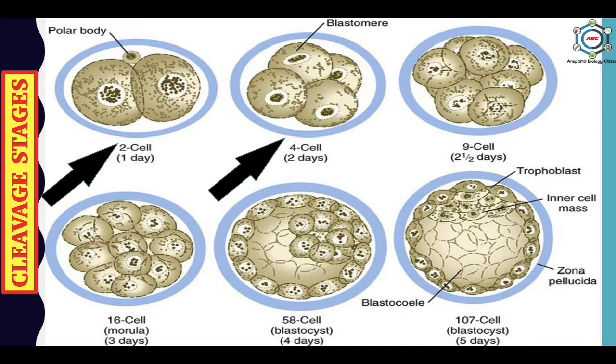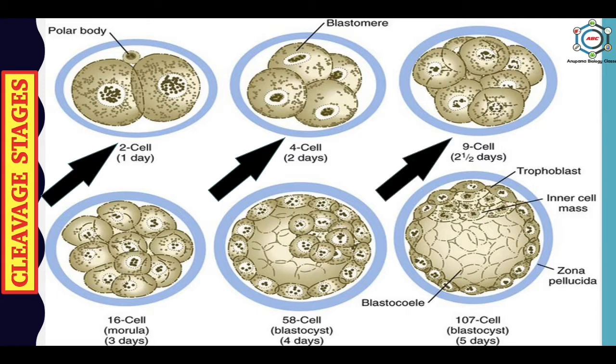Then the second cleavage starts within 60 hours after fertilization and occurs at right angles to the plane of the first, and divides each blastomere into two by forming a mitotic spindle in each. Here, the larger blastomere divides a little sooner than the smaller one. So at first a 3-cell stage is formed, then the 4-cell stage.